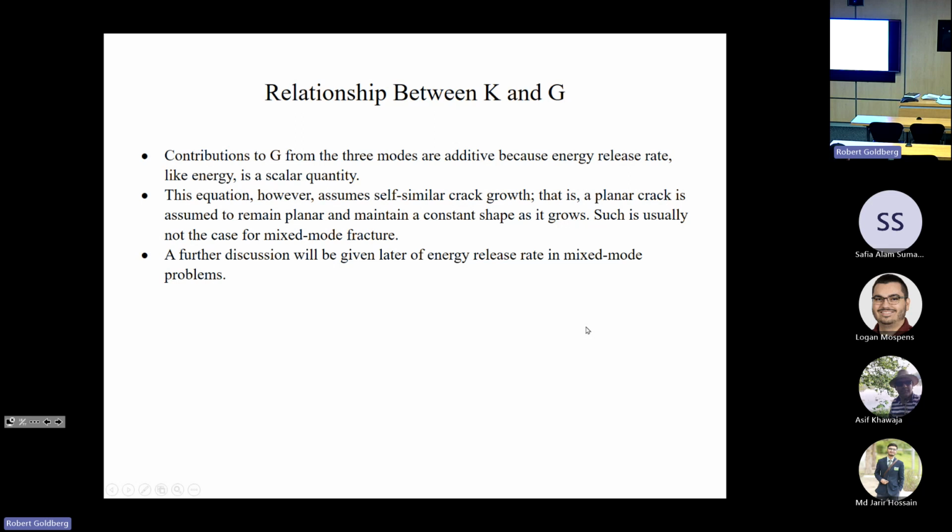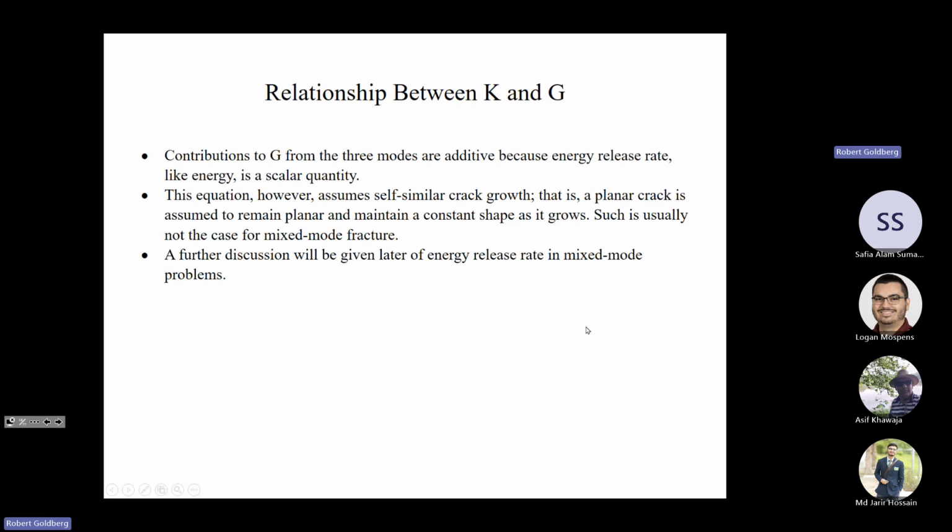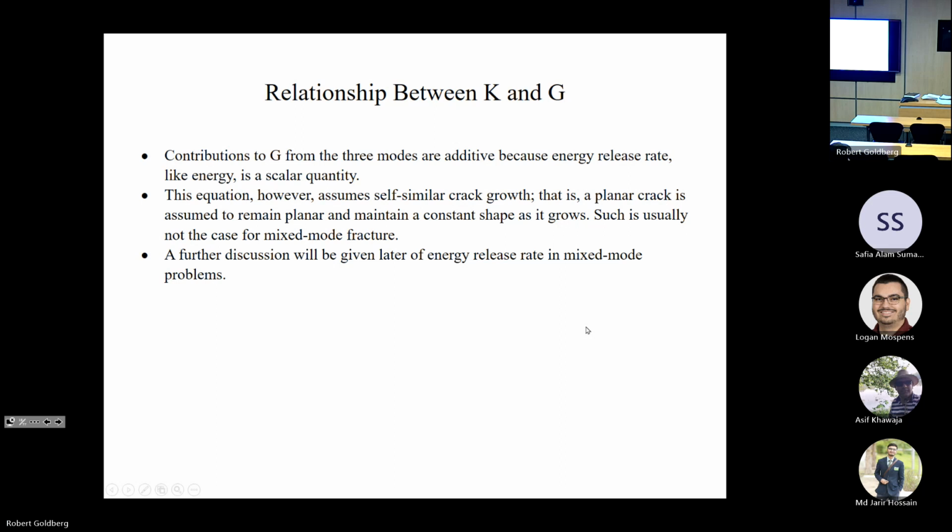Now, given the fact that many times things don't follow these simplified situations, this expression is not necessarily universally true.